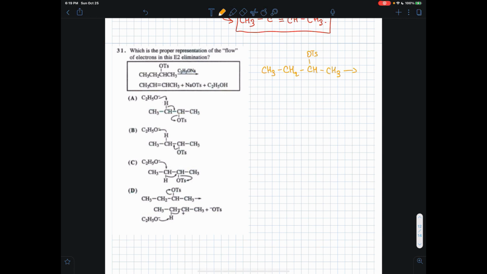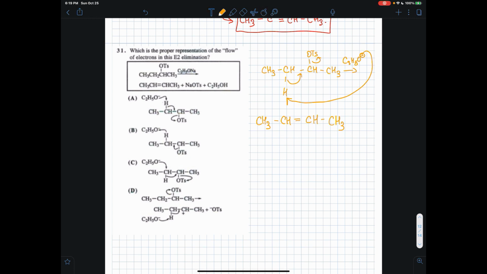And then you're adding C2H5O minus, a strong base, with a secondary good leaving group. So it's an E2 mechanism with the hydrogen here. This negative charge is going to come here and grab that. This is going to kick off, and then it's going to get rid of this OTs group. So I'm going to end up with CH3, CH, a double bond, CH, and then CH3.